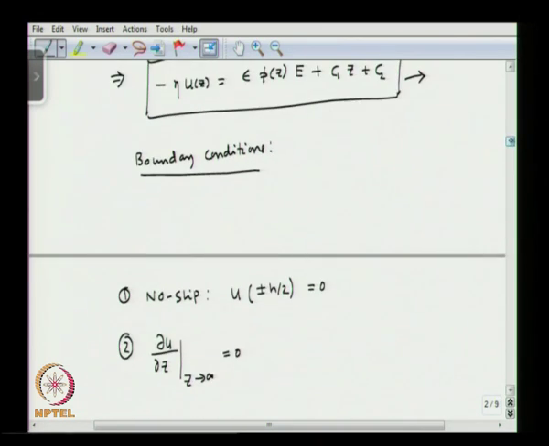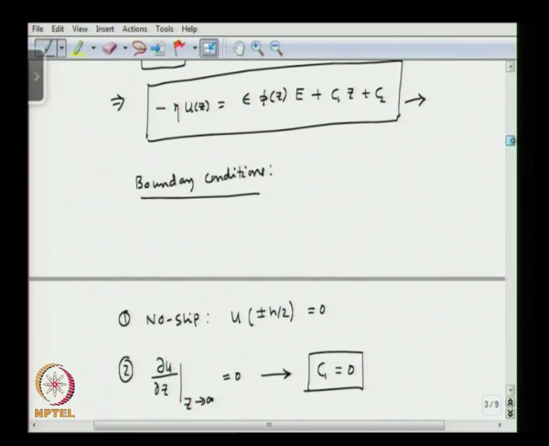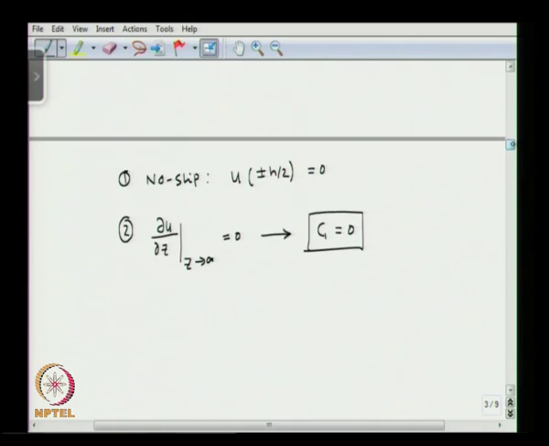So, now if we apply the no slip condition, we have u(z) equal to minus epsilon phi into electric field over eta minus C2 over eta.